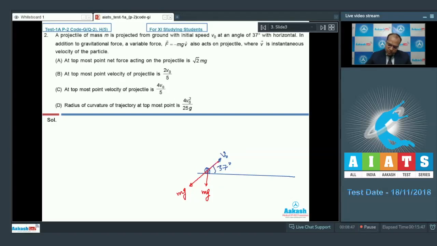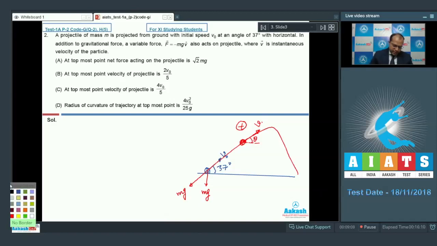Suppose the particle is moving this way and this is the path of the particle. At some time t, the particle reaches this position and at that moment it makes an angle theta with the horizontal. Let the velocity of the particle be v at this moment. If I draw the free body diagram again, mg is acting in this direction and mg is acting in this direction, opposite to the velocity.